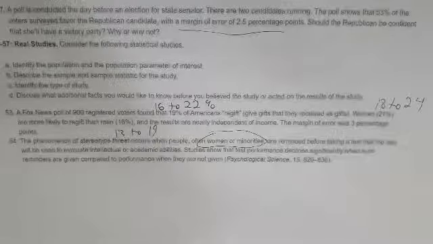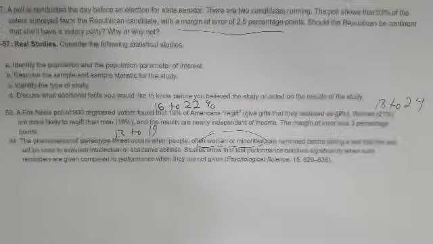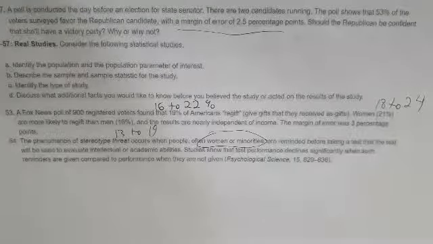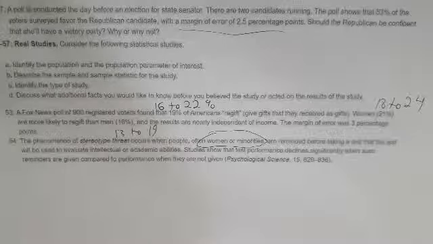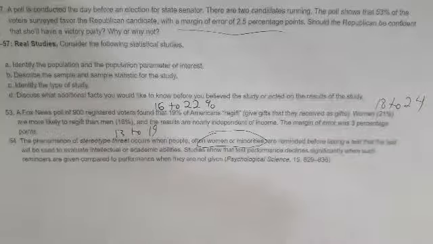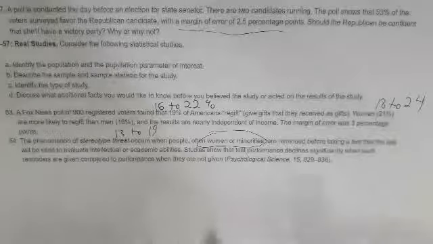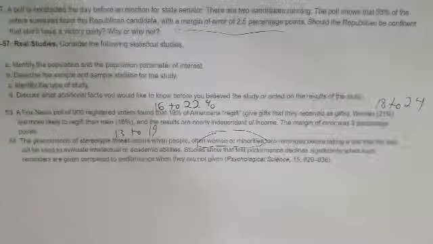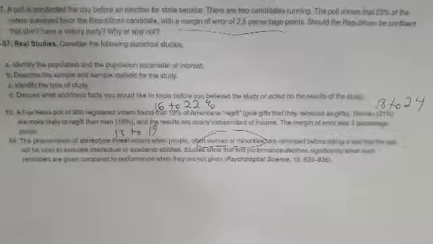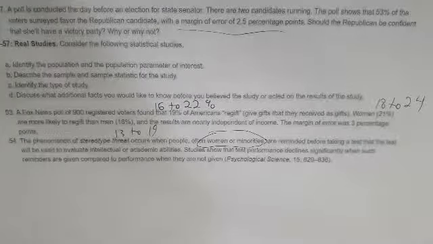I think they're going with the generality of women and minorities, and they want to know the intellectual and academic abilities of them, right? They don't really say what the test is. Okay.